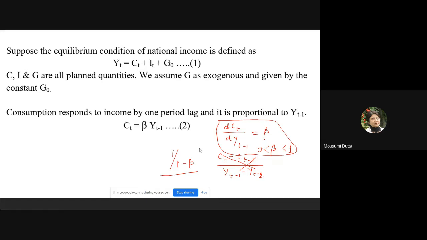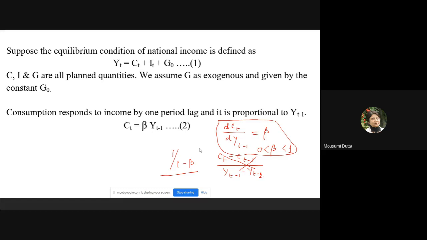I'm putting this as a side note so that you understand this beta is not a totally unrelated factor. This beta is basically MPC, and this MPC will determine the notion of multiplier here.